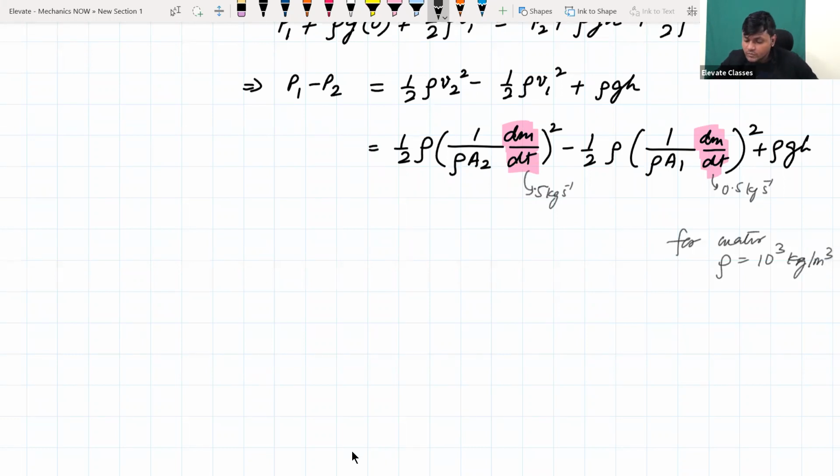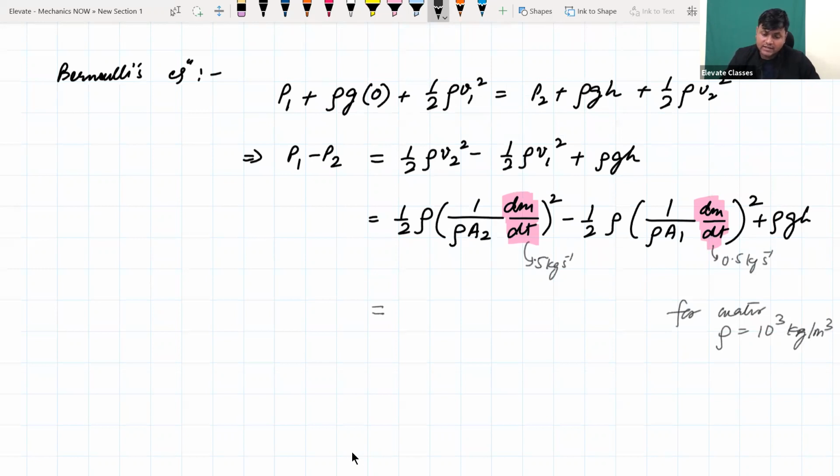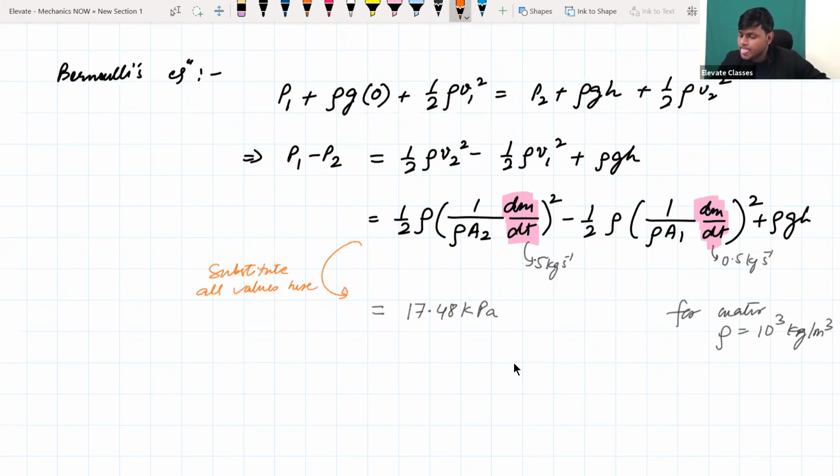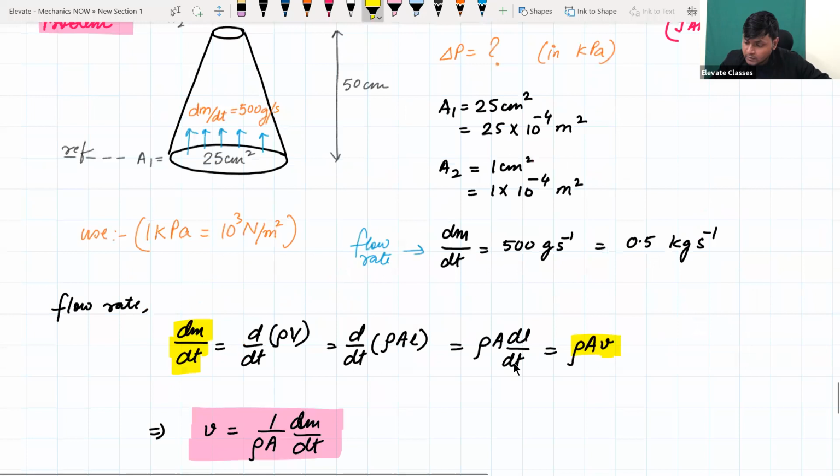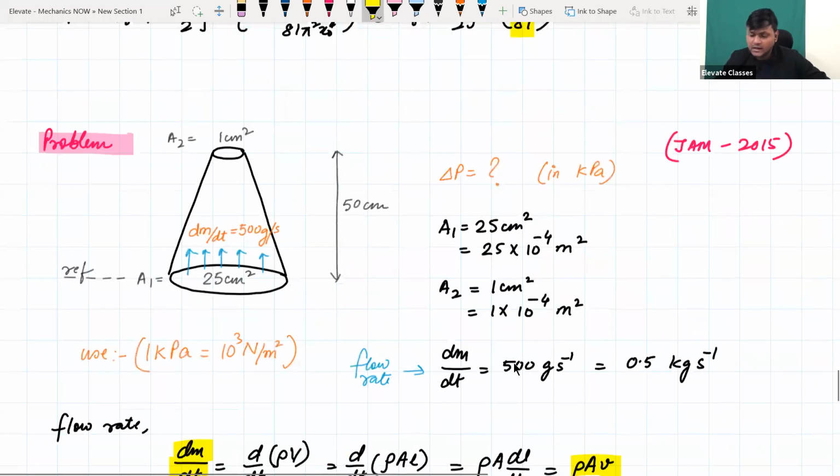Okay, if you substitute all the values, then the answer that you should get is 17.48 kilopascal. Substitute the values here. In this equation, हाइट में यहाँ पे 0.5 मीटर आ जाएगा, यहाँ पे 0.5 मीटर आ जाएगा. बाकी सारा आप सब्स्टिट्यूट करेंगे तो यू शुड गेट दिस आंसर.